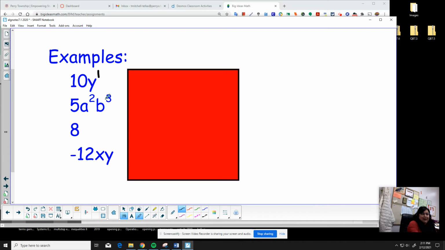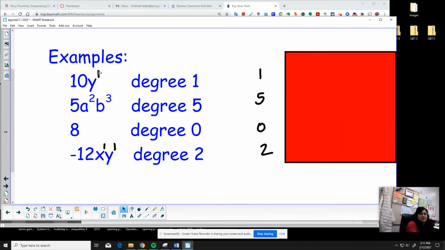This is degree 5 because 2 plus 3 is 5. The third one doesn't have any variables, so the degree is 0. And the fourth one has a variable here and here, both exponents 1, so the degree is 2. So all I'm doing is looking at the variables, and if there's more than one, I add up those exponents.